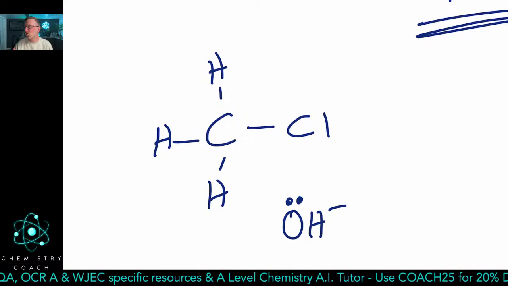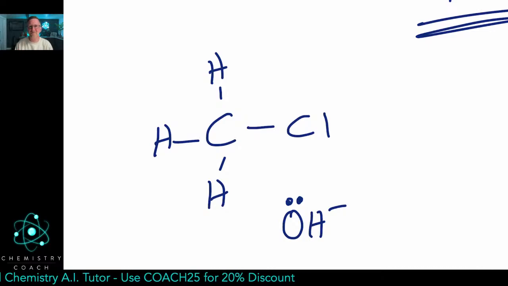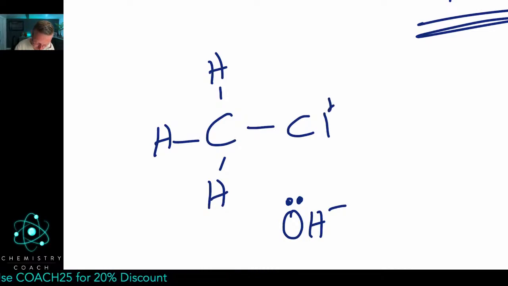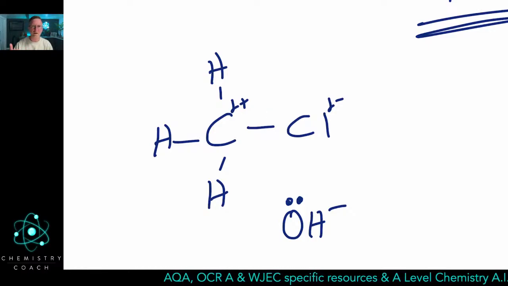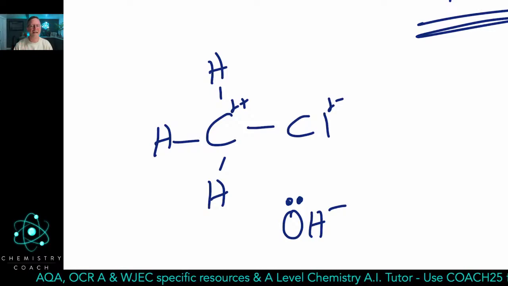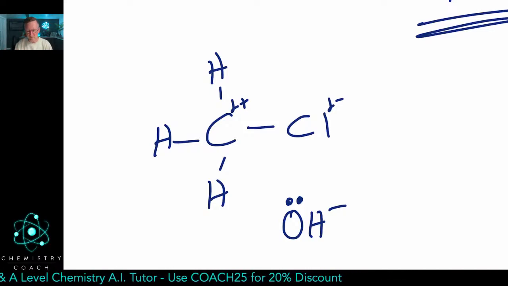This is where your knowledge of atomic structure comes in. Well, chlorine's more electronegative than carbon. So logically, our dipole needs to be this, because chlorine's going to have the lion's share of this pair of electrons that's in that bond. So knowing your trend in electronegativity can help you out of a tight spot if you're not really sure what a dipole looks like.